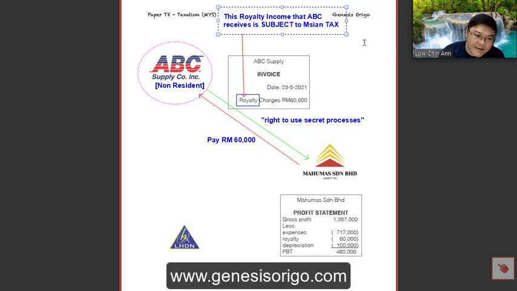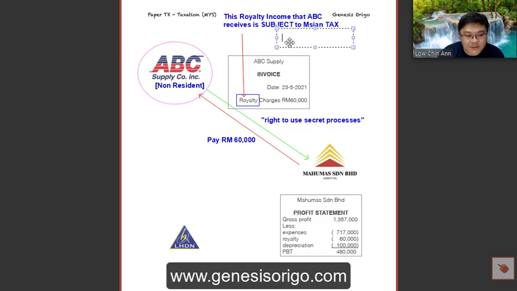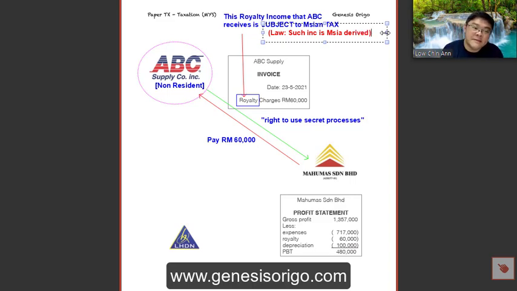Why would your income be subject to Malaysian tax? The reason, as we said just now, is that our laws say such income is Malaysia derived. So we're telling ABC that Malaysian law says the income is Malaysia derived, and you've got to pay Malaysian tax.